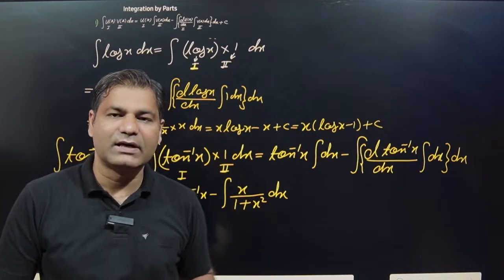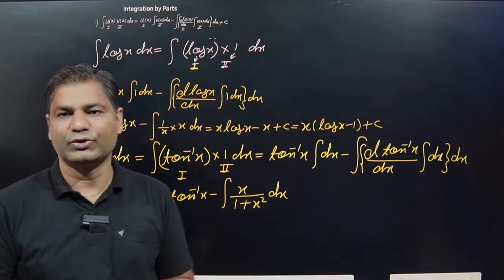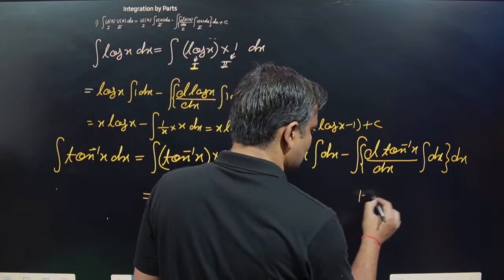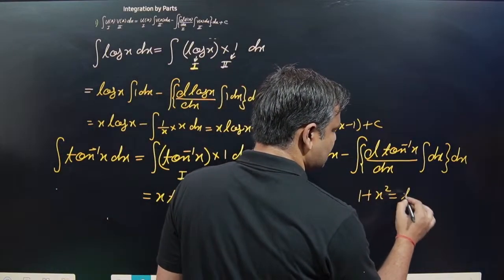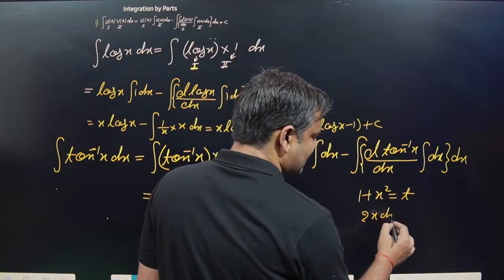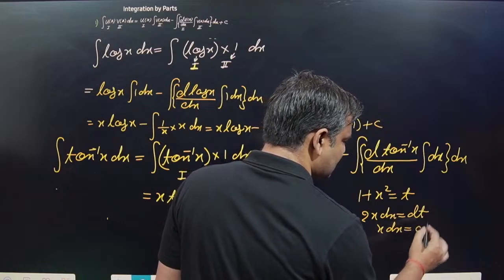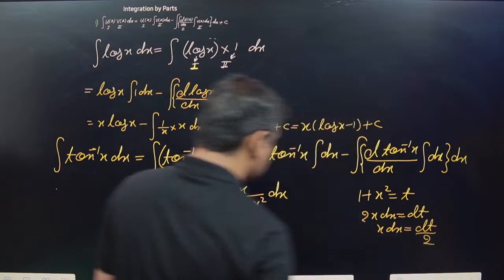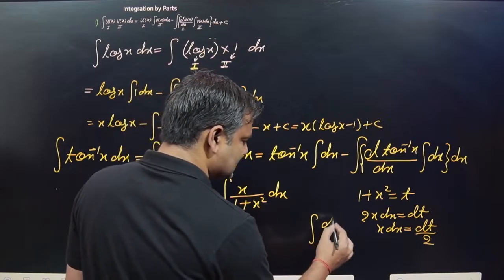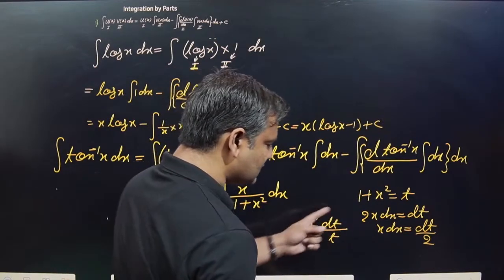Now the next target is how to integrate this. Simply, let 1 plus x square be t. Differentiating, 2x dx equals dt, so x dx is dt by 2. So it is written as dt divided by 2 into 1 upon t, and the integration of 1 by t is log t.